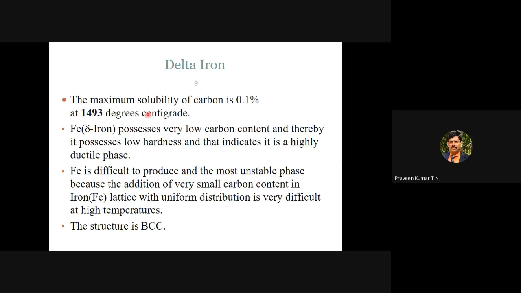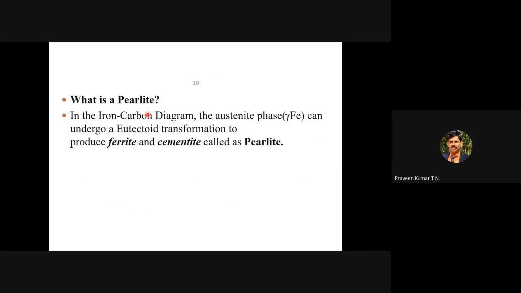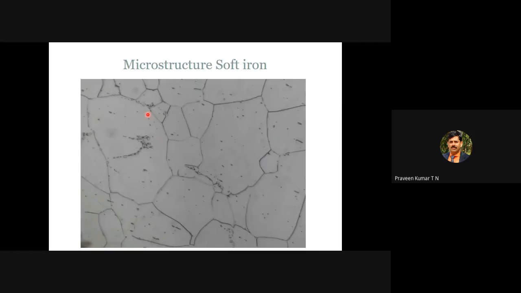Again, these things are required for your heat treatment. And it is existing at 1493 degrees Celsius. Then pearlite is a combination of cementite and ferrite. Cementite is Fe3C. The ferrite is nothing but alpha iron. This is a microstructure.